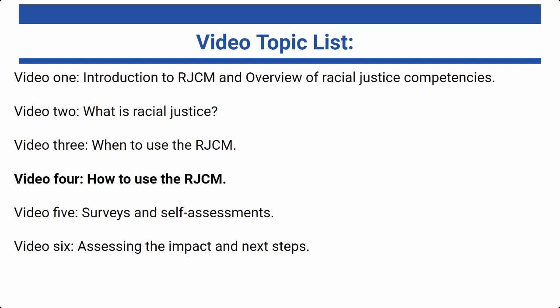Video 2 was what is racial justice, a little terminology lesson, and a little bit on racial equity, health equity, and what that all means. Video 3 was when to use the RJCM and their recommendations on when to use it. The next video, video 5, will be surveys and self-assessments. And then video 6, our last video, will be assessing the impact and the next steps to take. So let's get started.